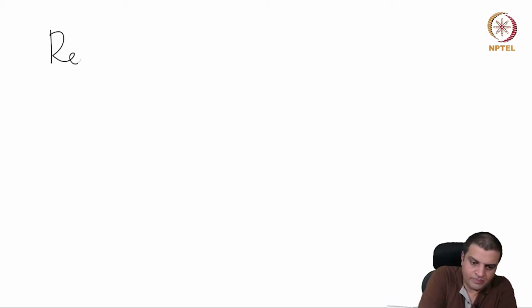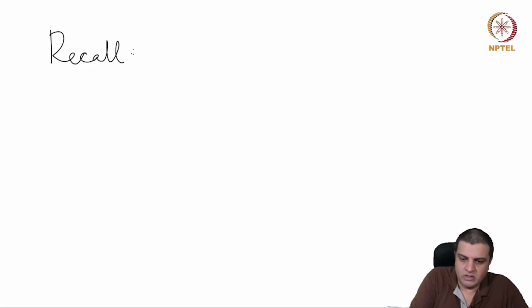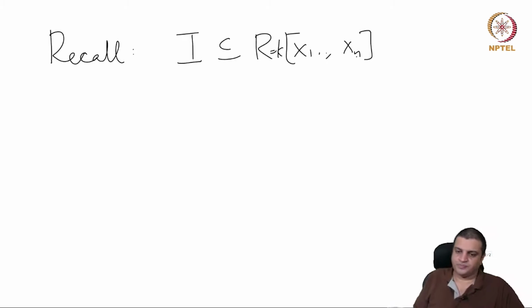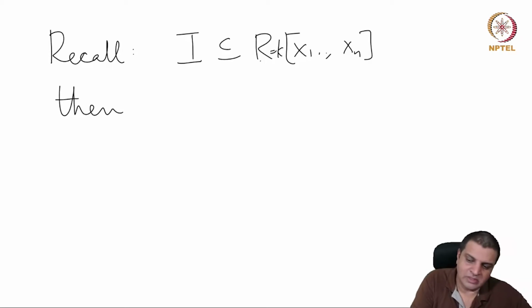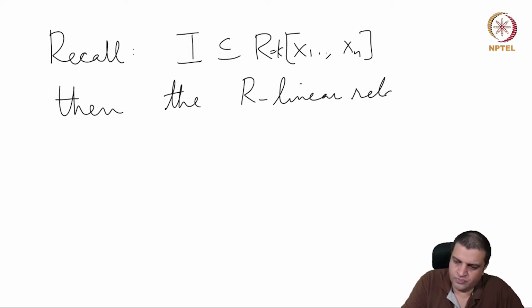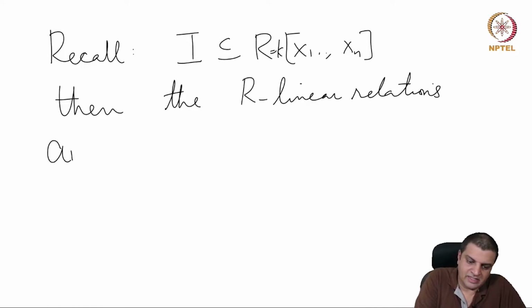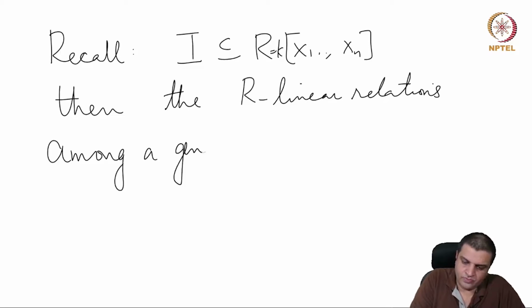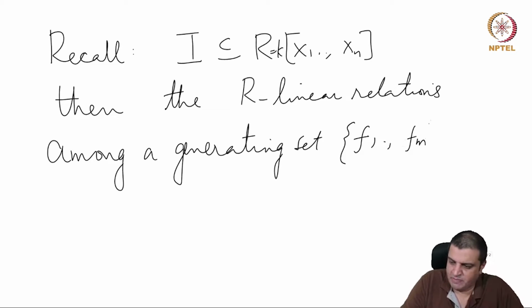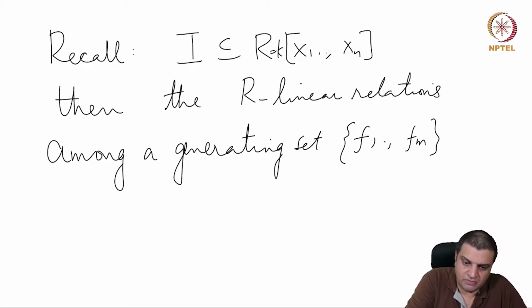So recall that if you have an ideal I inside a polynomial ring K adjoin some n variables, then, I mean we only looked at this case, but this is true more generally, the R-linear relations among a generating set, let's say F1 through Fm, this is called the syzygies of F1 through Fm.